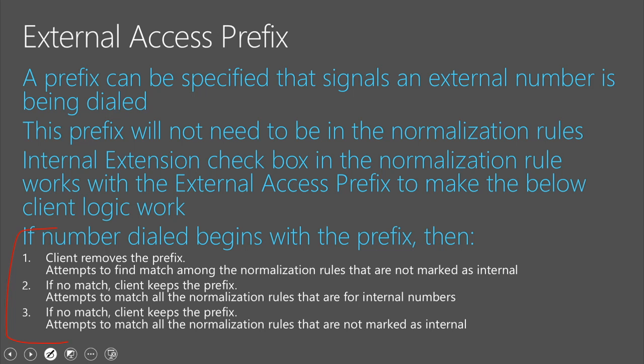The reason I start out by saying I don't really like this too much is it's sort of complex to administer. You have to put in the external access prefix and then go into each of these rules and check them. It's complex to troubleshoot, and it only happens on the client side. So if you have a gateway, maybe an IPPBX, that is coming through Lync to get to the PSTN, and it puts a 9 on because it's an outside line, these rules won't work.